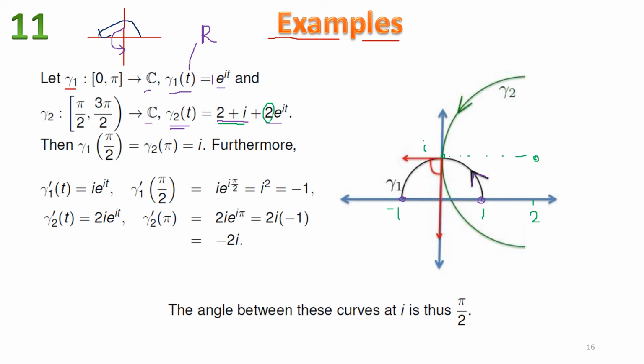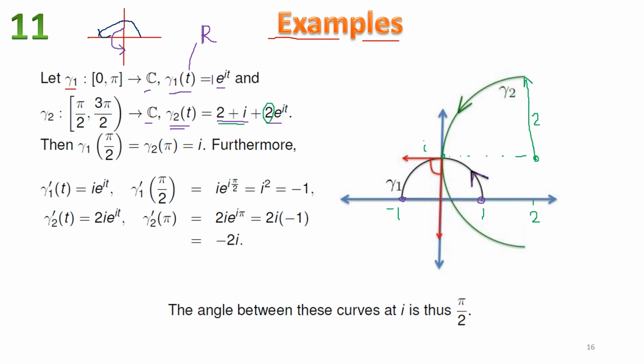And one has to consider a circle of radius 2 units. That is the curve gamma 2. And we don't have to consider the entire circle. We are considering it from pi by 2 to 3 pi by 2. So this curve is passing this way.